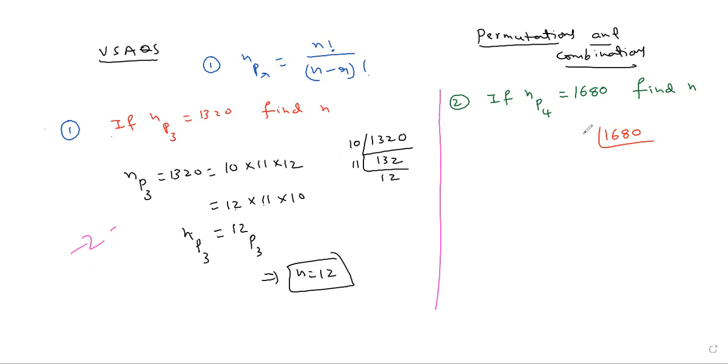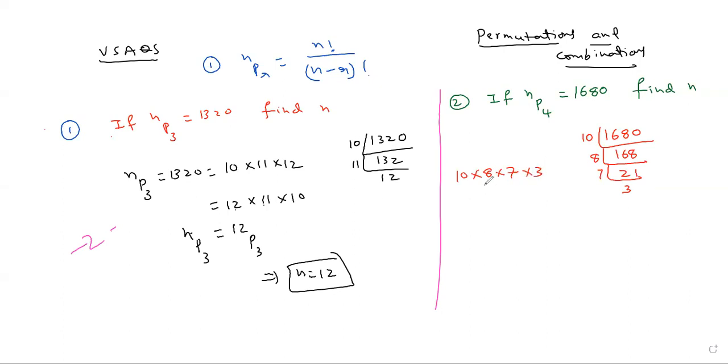So first go with 10: 168. After that with 8 you get 21. After that with 7 you get 3. So 10 into 8 into 7 into 3.